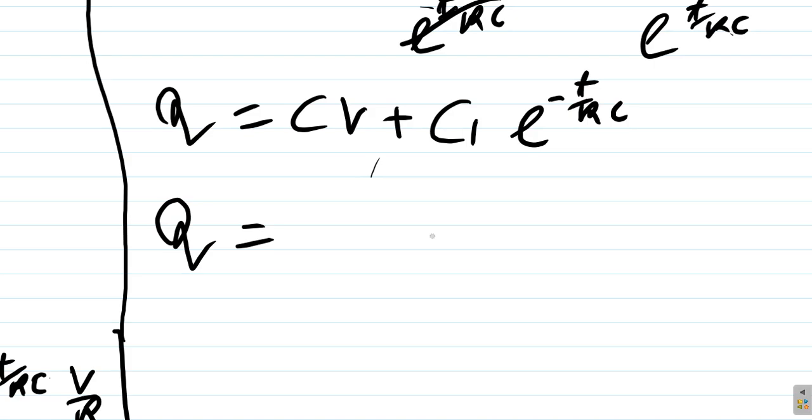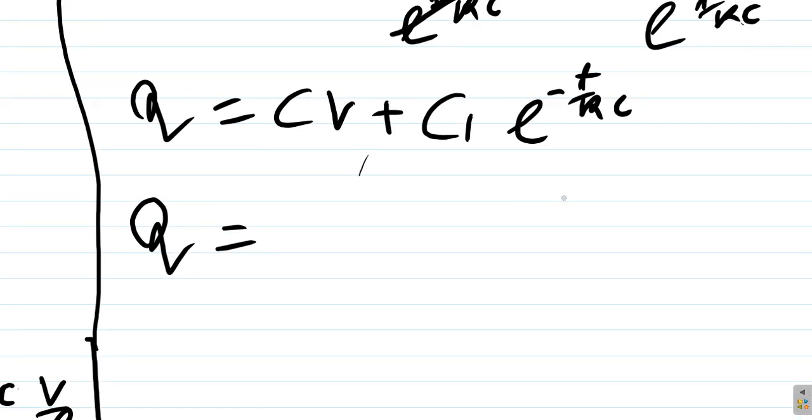But suppose you consider that CV is really a constant. Well, the voltage is fluctuating, but you have a certain RMS voltage that is steady. Now, you can consider C1 a constant that's equal to negative CV.